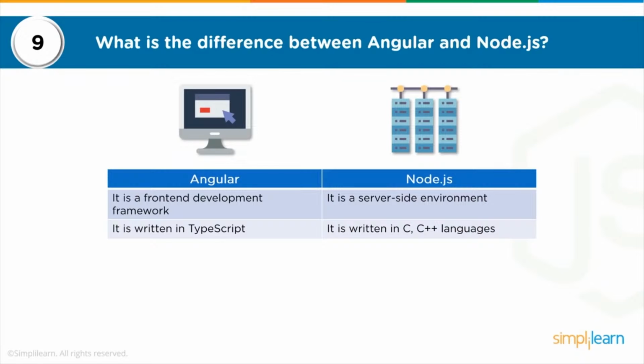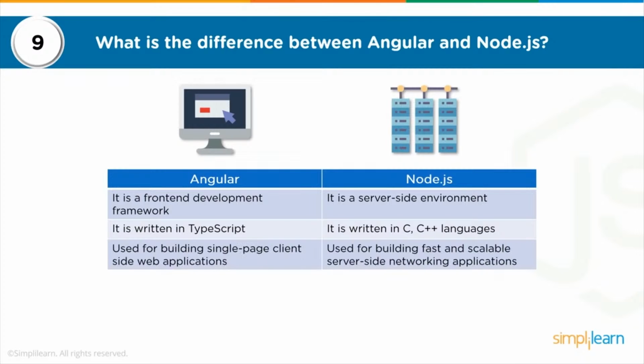Other differences between the frameworks themselves: Angular is written in TypeScript, which is a modification of JavaScript. Node.js is written in C and C++. Angular is used for building single-page client-side web applications, and the key word there is client-side.